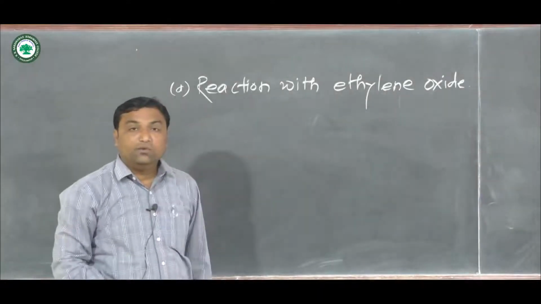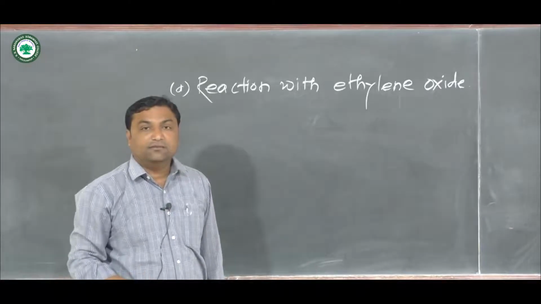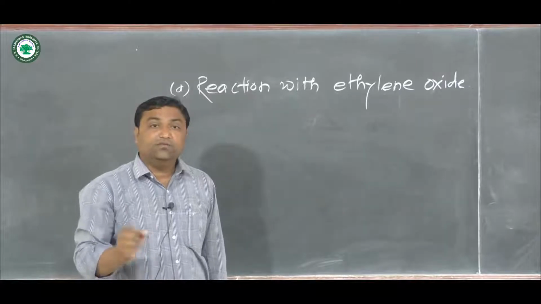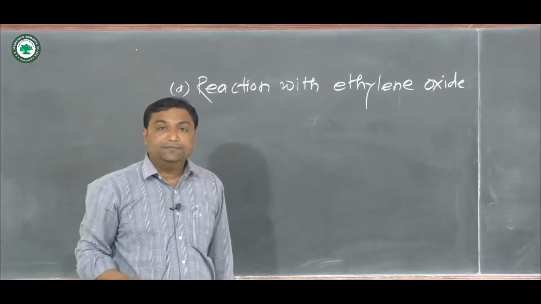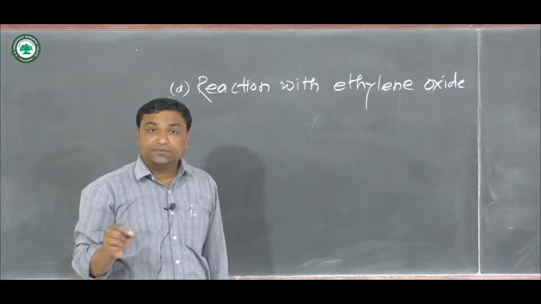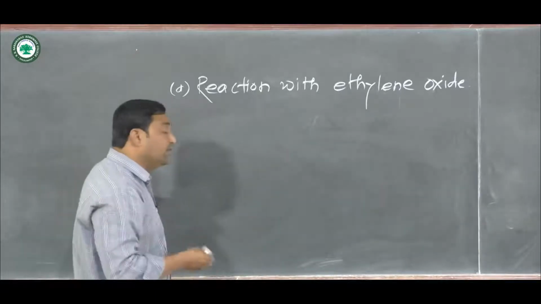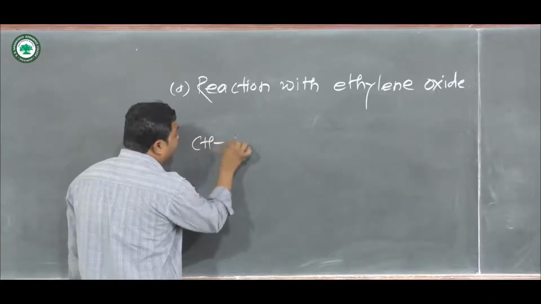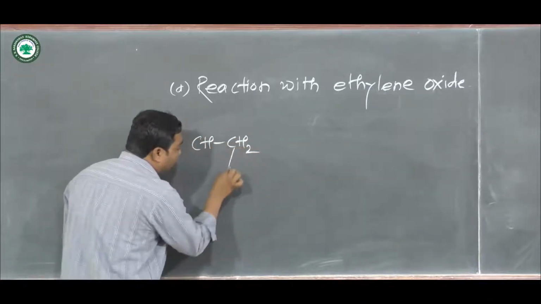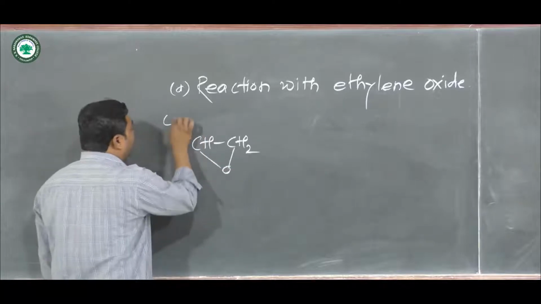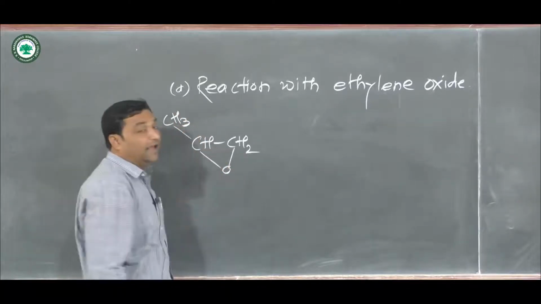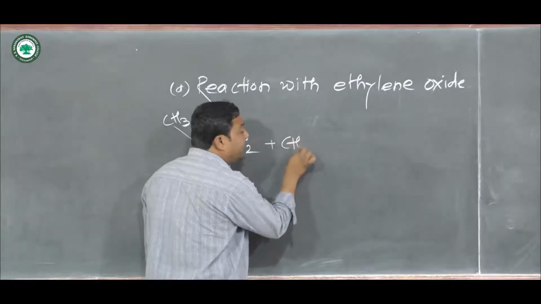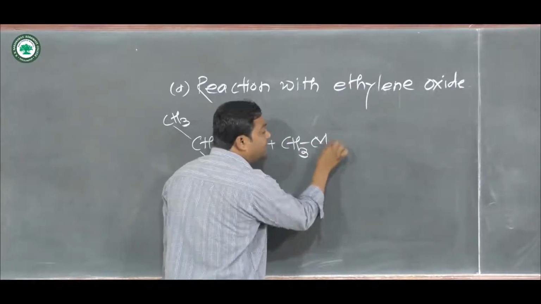If we carry out the same reaction, but instead of unsubstituted ethylene oxide, we use substituted ethylene oxide as a substrate, then what happens? We have to see that if this is the substrate and this substrate is treated with the same Grignard reagent, that is methyl magnesium bromide.